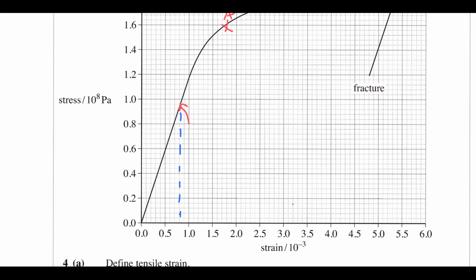So change in y is going to be 84, 88, 92, 96. Change in y is 0.96 times 10 to the 8. Change in x, that looks like 0.8 times 10 to the minus 3.